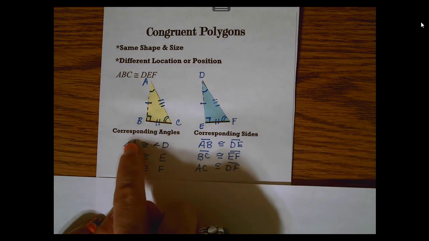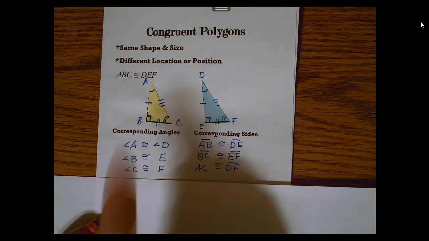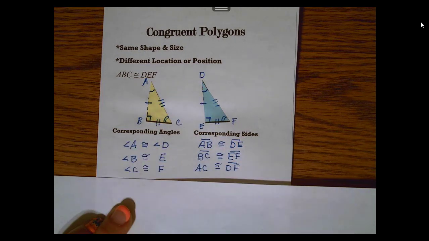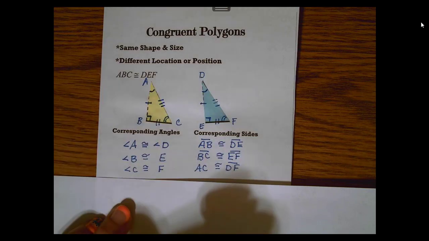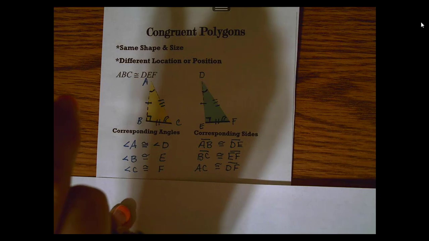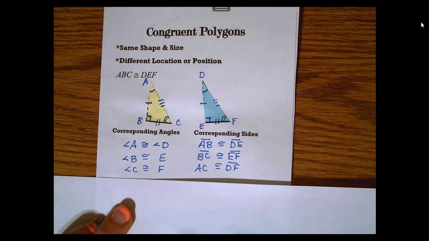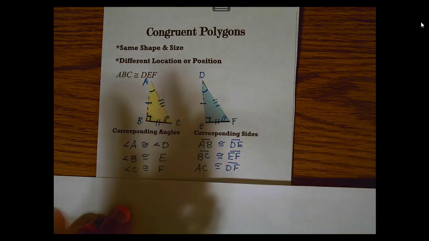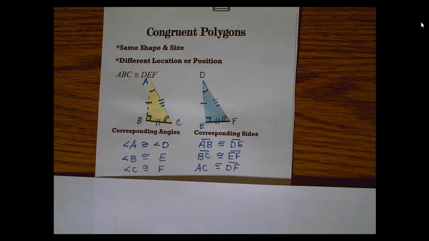Now we know that we had corresponding angles when we had the two parallel lines and the transversal. You remember it just kind of slid down. If it was on top of the parallel line, then it would be on top of the parallel line below. Well, it's similar to that, okay? Corresponding angles are going to be equal to each other.